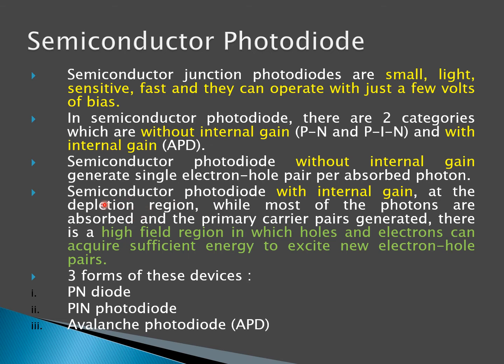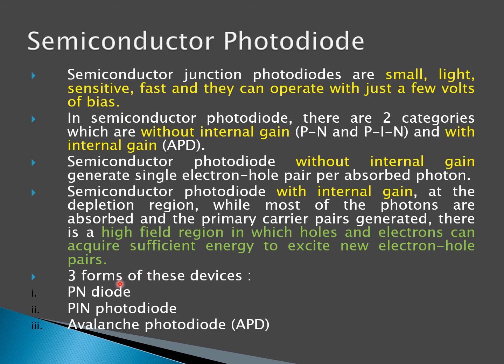But for a semiconductor photodiode with internal gain, at the depletion region, while most of the photons are absorbed and the primary carrier pairs are generated, there is a high field region in which holes and electrons can acquire sufficient energy to excite new electron hole pairs. So more electron hole pairs are generated, because it has internal gain.